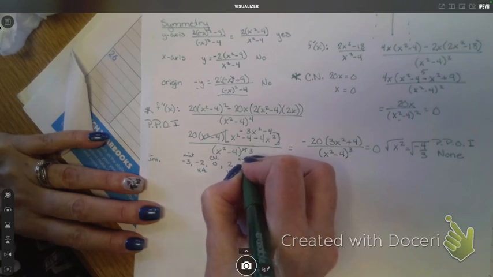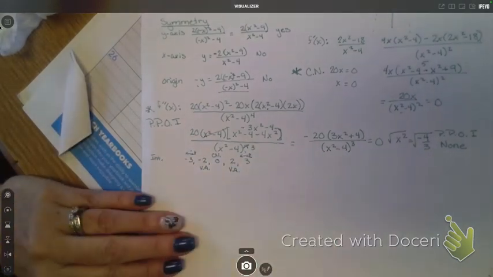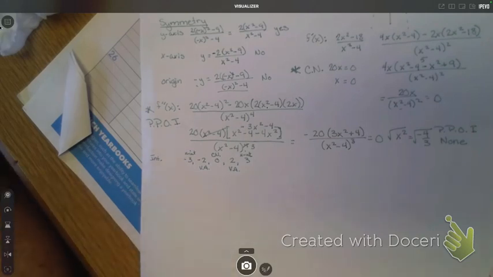Not always going to be symmetrical like that, but is that helpful to know what's actually going on in my chart? Yes, because a critical number is going to be a relative min or max, right? A vertical asymptote is going to be an undefined. So in your intervals, you only include the ones that we start on, the possible points, and anything in your domain that's not in your vertical asymptote.